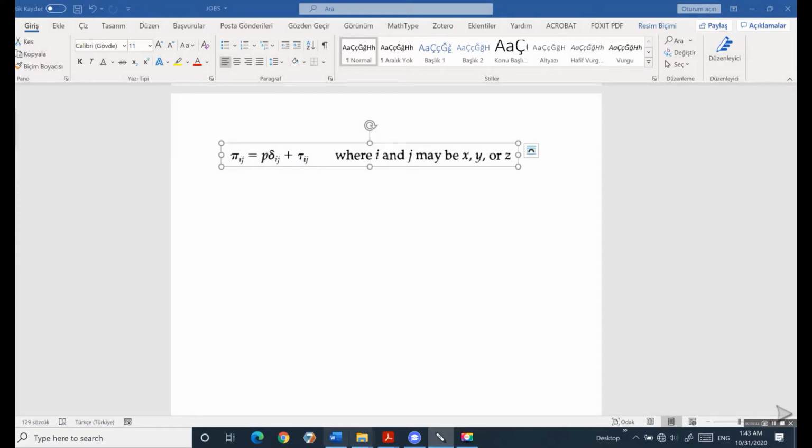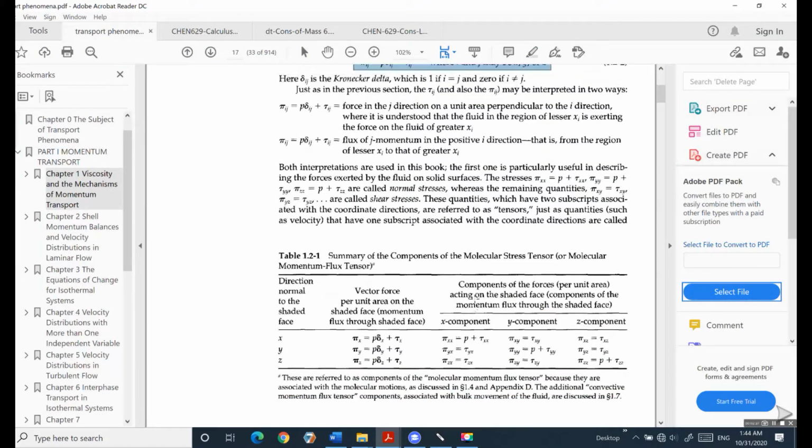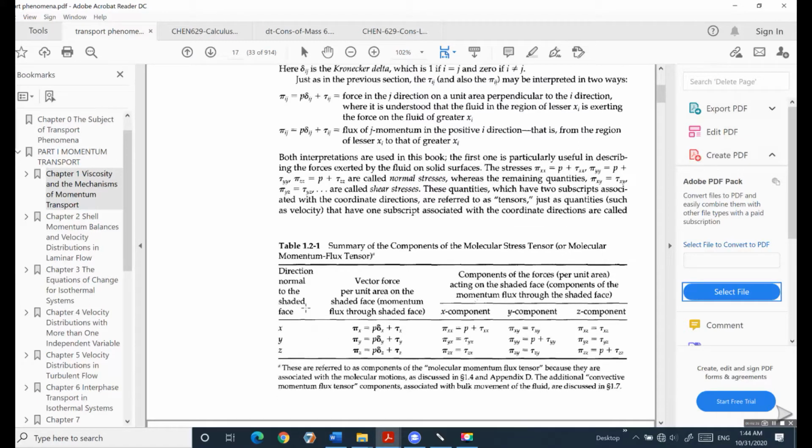The book summarizes these 9 elements in table 1.21, which gives the direction of the normal to the shaded faces and gives the vector forces for all the directions xyz. In the xyz we have 3 elements, and each has 3 individual elements, and in total we have 9 elements. That's why we call this the stress tensor.